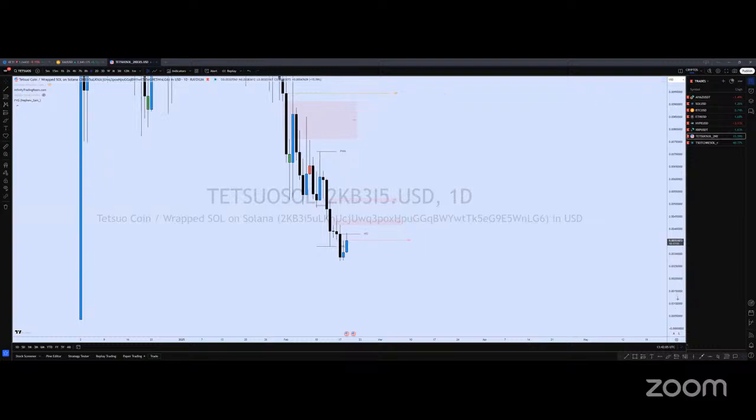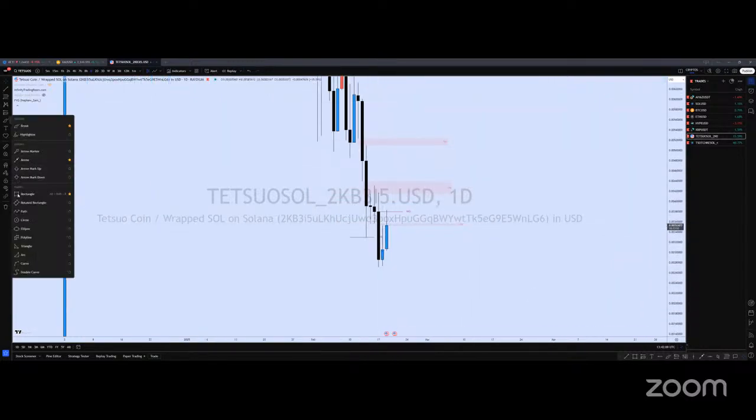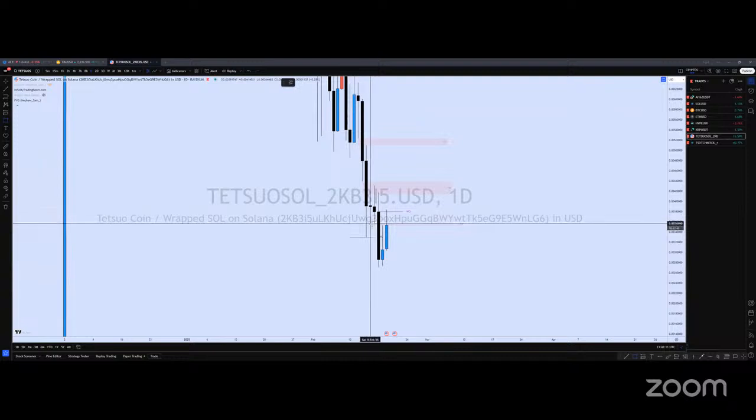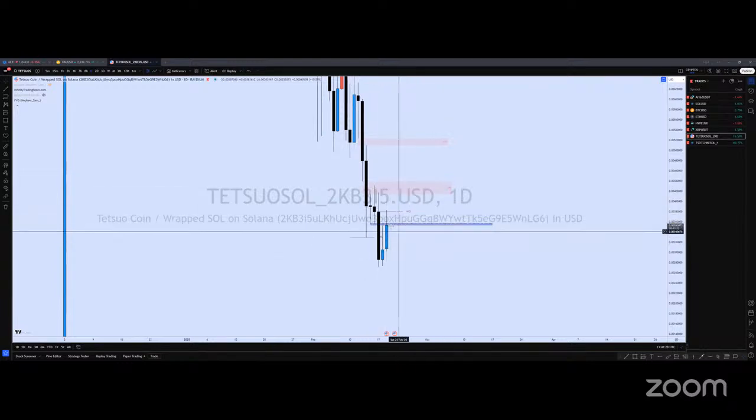So when I was coming to the session, I was going to talk about this gap. I was going to talk about this one here. That if we can close above it today, then we might be aiming for this high. But you can see as it stands, they've rejected it.